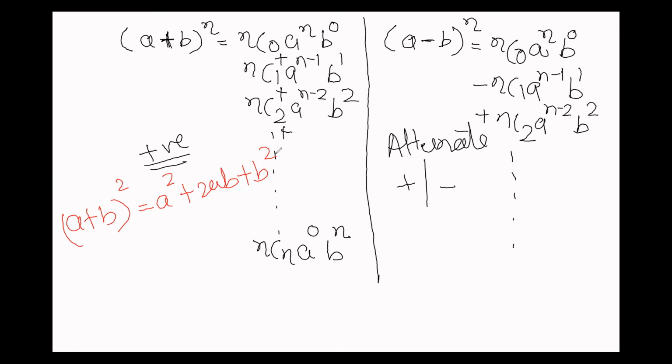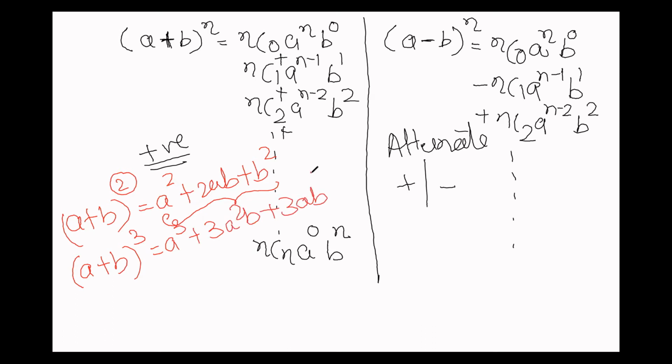Perfectly working for us. Now when power is 2, how many number of terms are there? 3. Let me write a plus b cube. A plus b cube is given as a cube plus 3a square b plus 3ab square plus b cube. What is interesting thing for us?